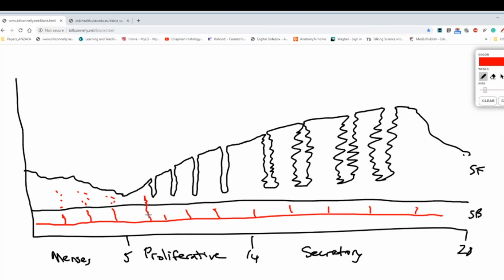And then branching from the straight arterioles, we get our spiral arterioles. And of course, what's happening during this time is that we're preparing the endometrium should implantation take place.